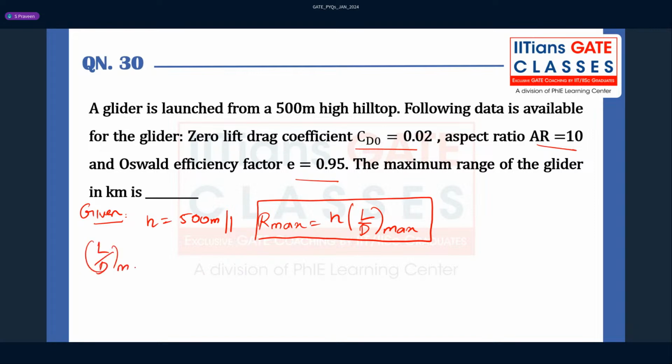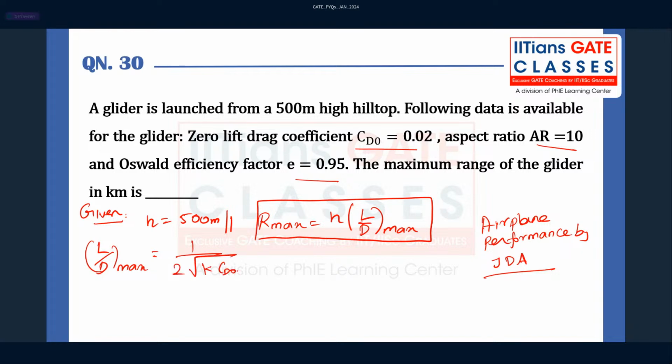I will guide you to the book on airplane performance and design by J.D. Anderson. Please refer to this book. The formulas and the derivation are available there, so you can have a look at it. L by D max is given by 1 by 2 under root of K CD0.